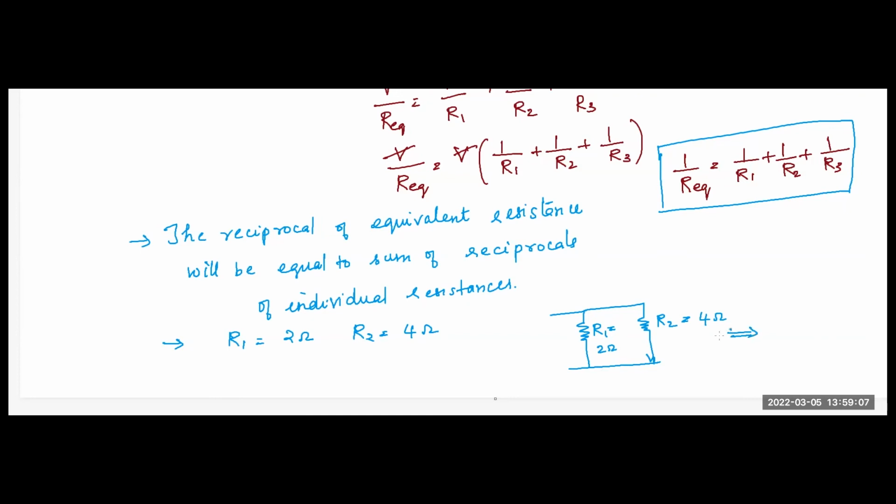So this circuit can be drawn as an equivalent resistance R equivalent, and we'll find it out. 1 by R equivalent is equal to 1 by 2 plus 1 by 4. Taking an LCM, we'll get 4 in the bottom and you have 2 plus 1. Sorry about that.